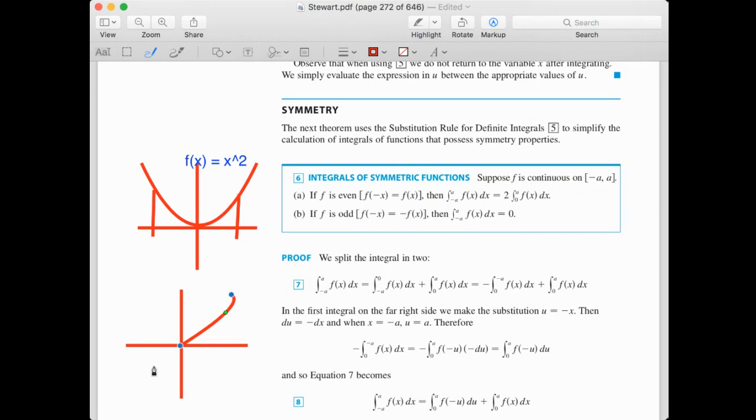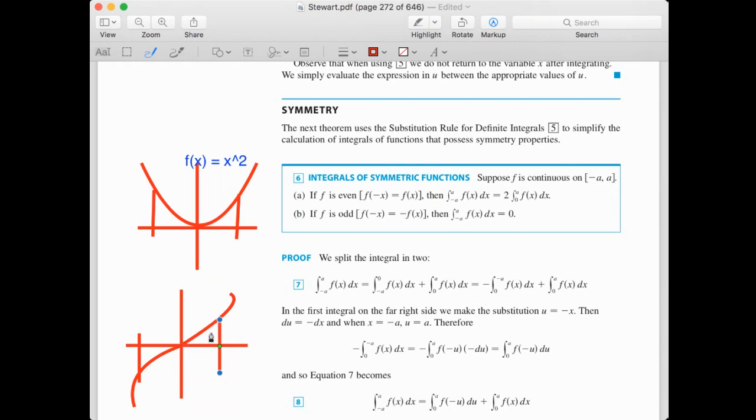If we want to find the area from negative a to a, the x cubed function is symmetric about the origin.